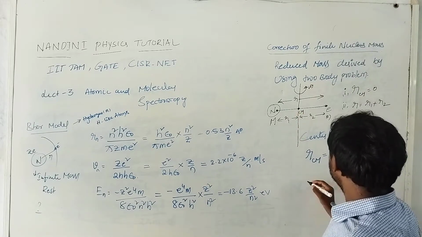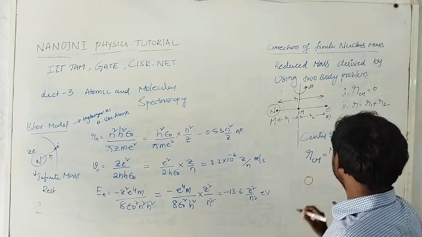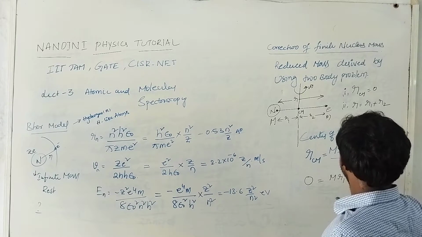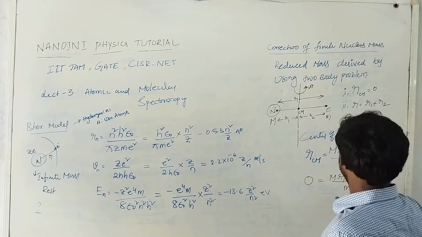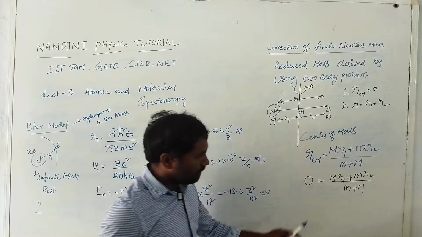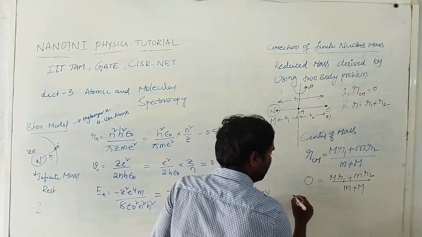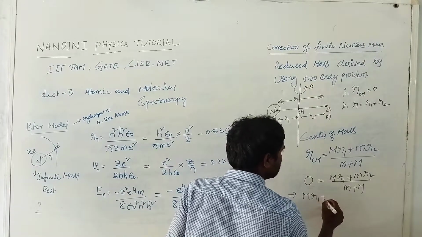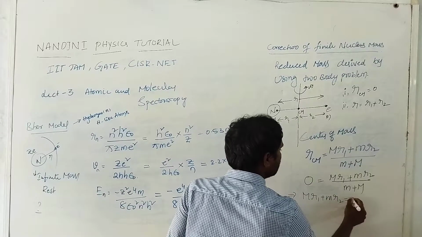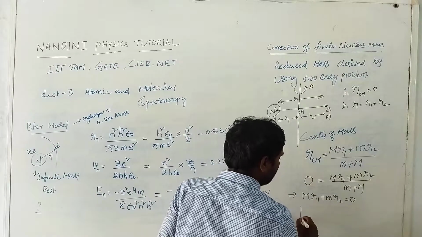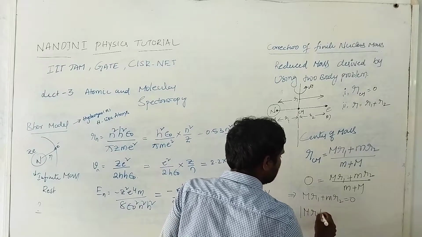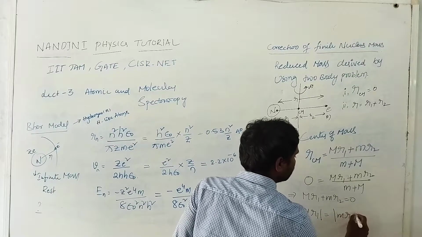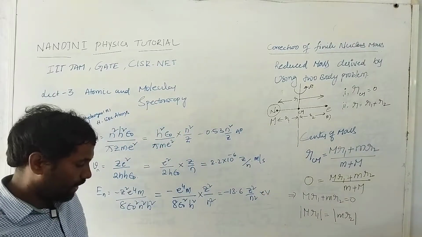So 0 equals capital M r1 plus small m r2, divided by small m plus capital M. Using this equation, finally you get capital M r1 plus small m r2 equals 0. Taking the magnitude of both sides, capital M r1 is equal to small m r2. This is the actual equation.